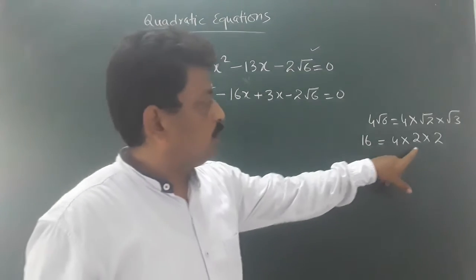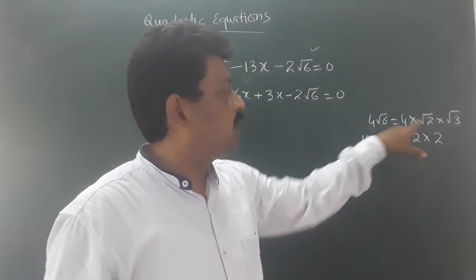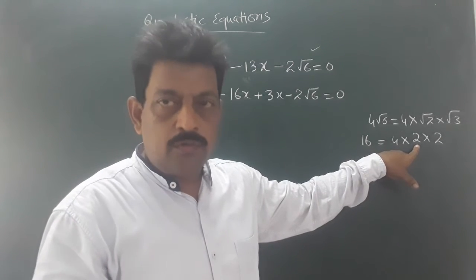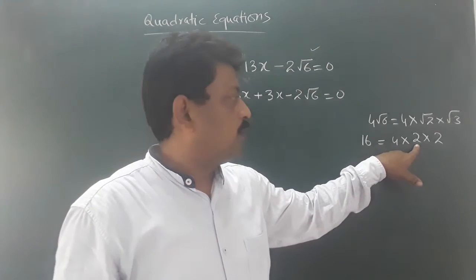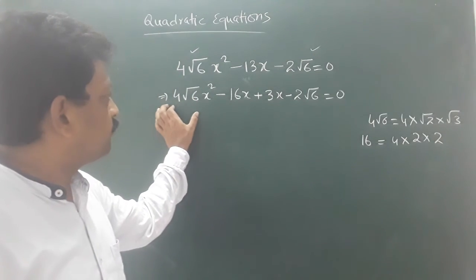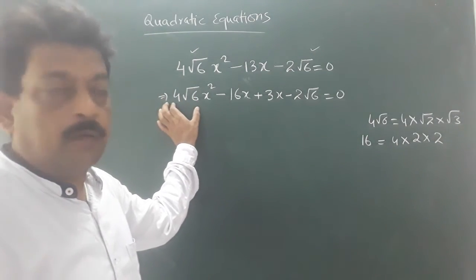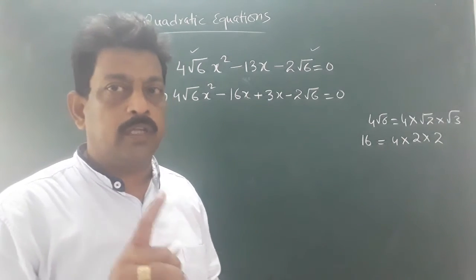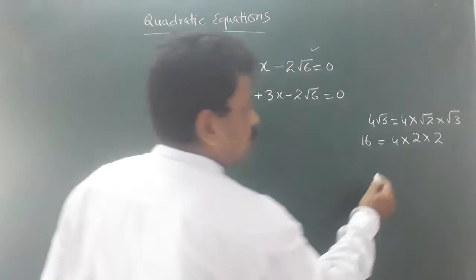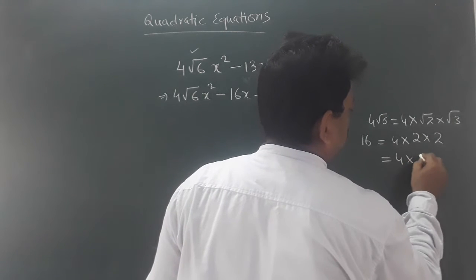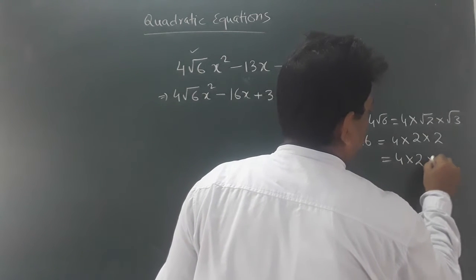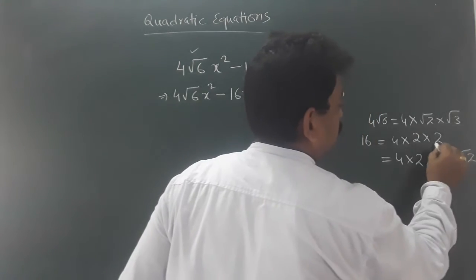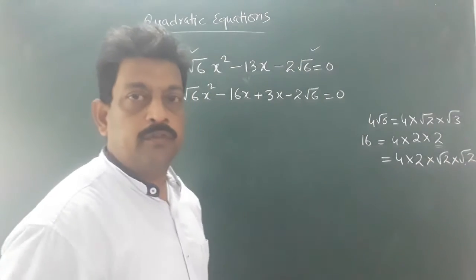Now since root 2 is a factor here, we have to resolve this 2 into root 2 multiplied with root 2, because we have to take the maximum common factor from the first two terms. So it becomes 4 multiplied with 2 multiplied with root 2 multiplied with root 2. I have broken this 2 into root 2 multiplied with root 2.